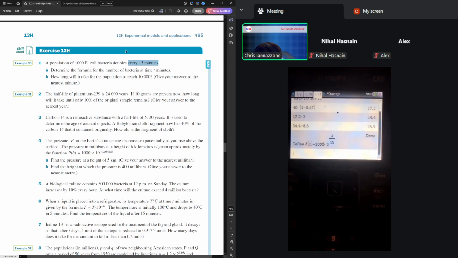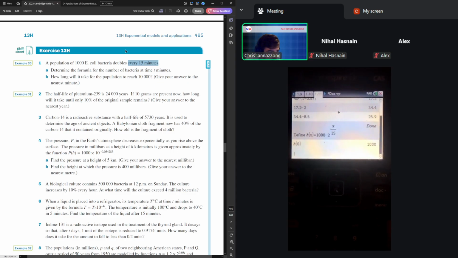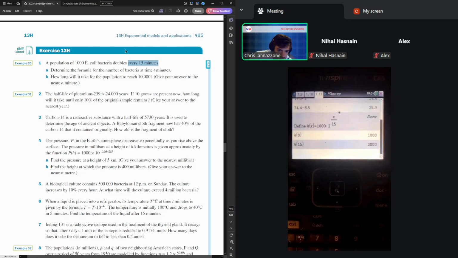So if we do time t equals 0, we should expect whatever the initial value was, a population of 1,000. If we then do 15 minutes later, we should double, and sure enough we do. Any questions about that one? If not, move on to part B.